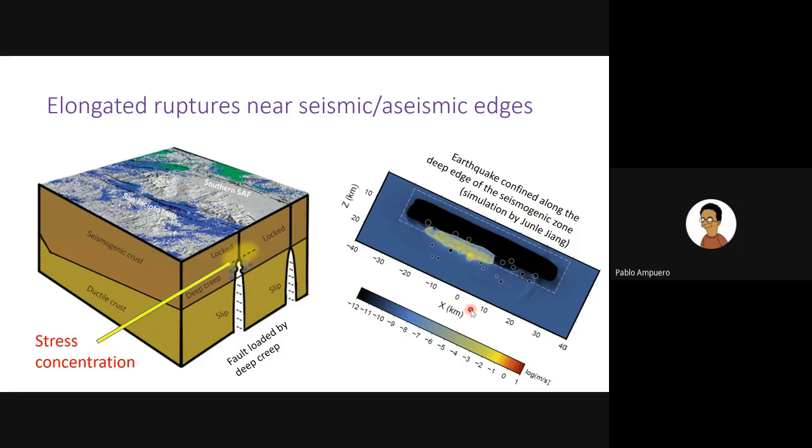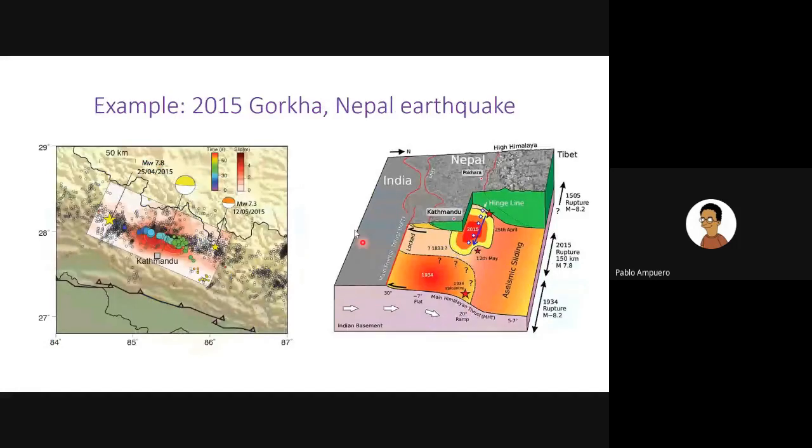And it is one interpretation of the earthquake that happened not too far from you in Gorkha in Nepal in 2015. Here's a map view of the source here. So these are contours of slip. And the surface trace of a fault is here. So it's dipping towards the north, right? This earthquake, if we look at this in a sketch here in 3D, the earthquake remained confined here in the deeper part of the locked zone.